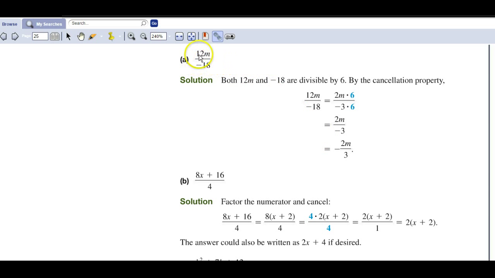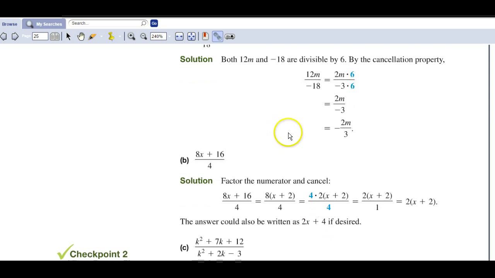Then we look at our 12 and our 18. What are the factors? Well, there's a common factor of 6 in each one. So 6 over 6 is 1. In a sense, we use the canceling out principle. 6 will go into there twice, 6 will go into there 3 times, and we end up with this. And then the typical way of writing the negative sign is by the fraction or division bar.